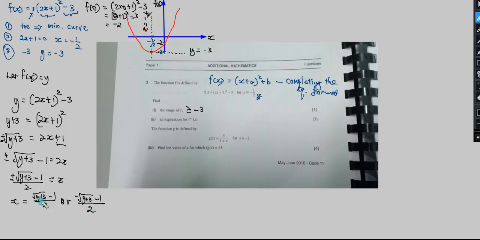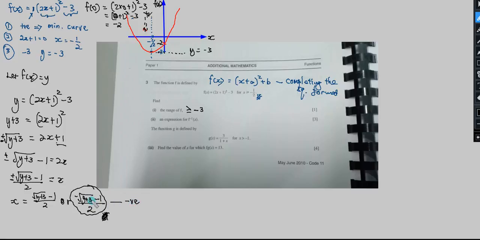Now you look at these two values. This negative square root of y plus 3, negative 1, that means this one will always be negative in value.